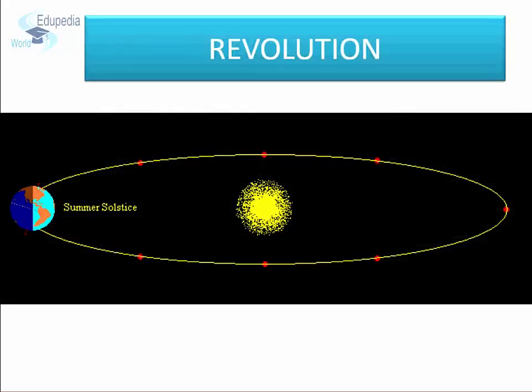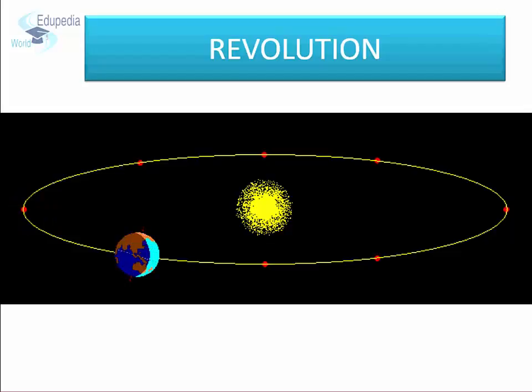Apart from rotating on its axis, the Earth also moves around the Sun along a fixed path. This motion of the Earth is known as revolution. Both the motions of the Earth, rotation and revolution, happen simultaneously.